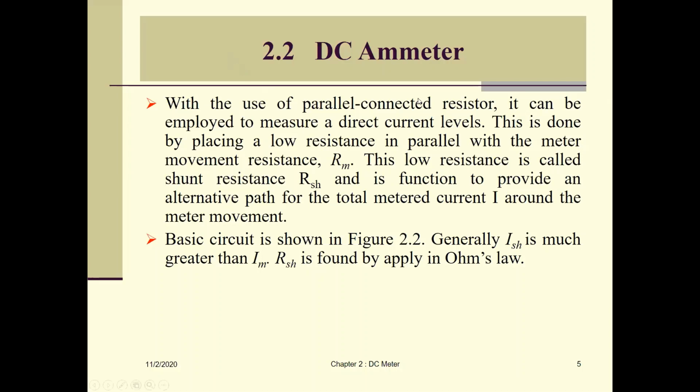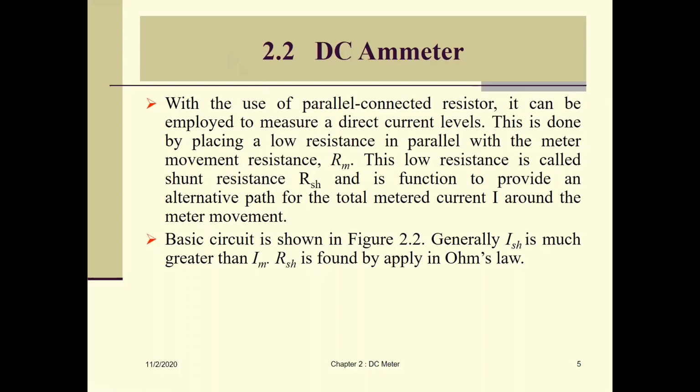This is done by placing a low resistance in parallel with the meter movement resistance Rm. This low resistor is called the shunt resistor, and its function is to provide an alternative path for the total meter current I around the meter movement.